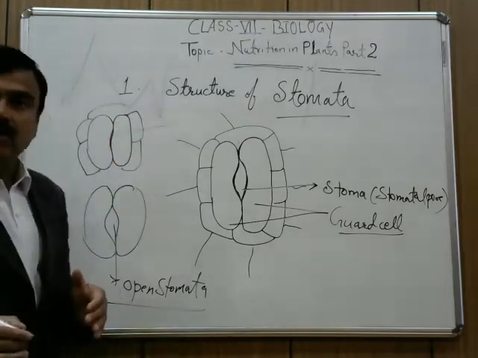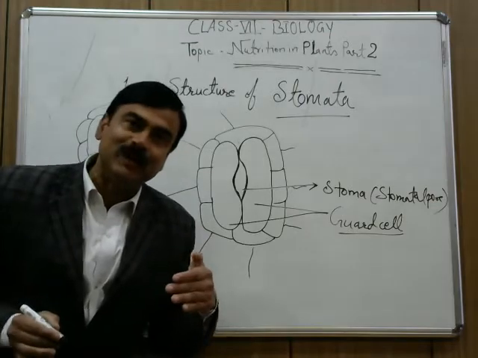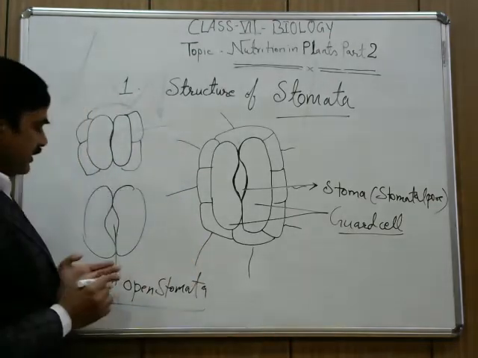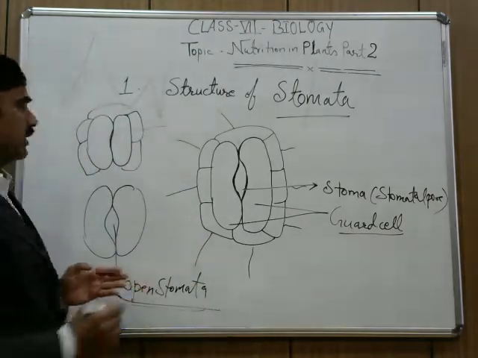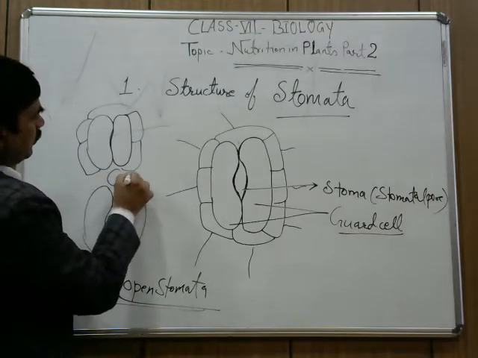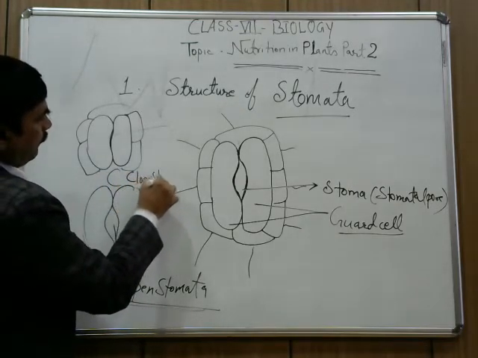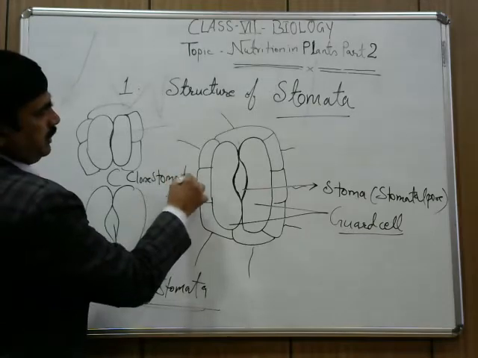This is not in your course. For your complete knowledge, I am going to tell you that this is open stomata and this is closed stomata. Can you see it?